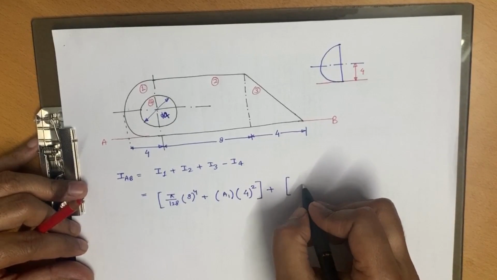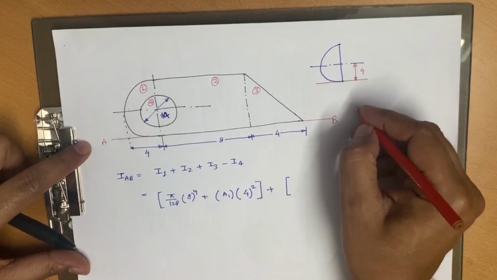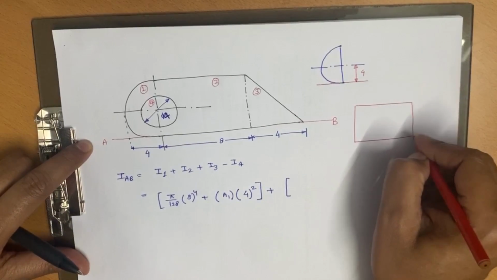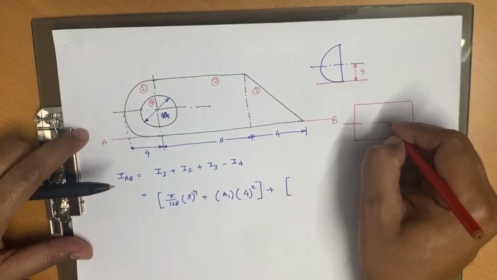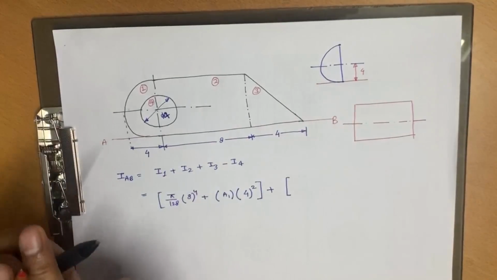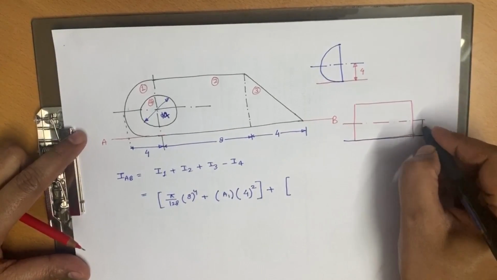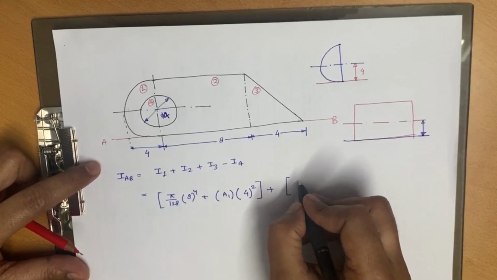Plus second. For the second shape, you know the moment of inertia about its centroidal line, right? But you have to find it about this line, and the distance is this only.